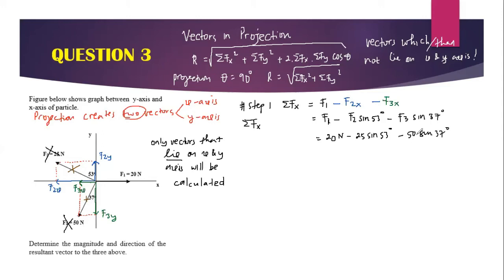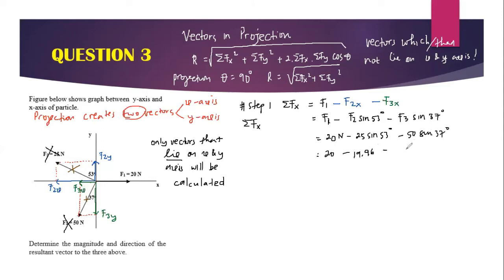Okay, so next, 20 Newton, 25 sine 53. We get 19.96, minus 50 sine 37, which is 30.09.